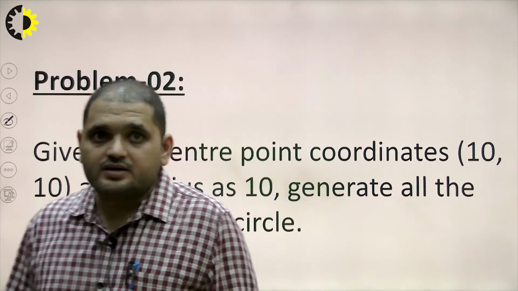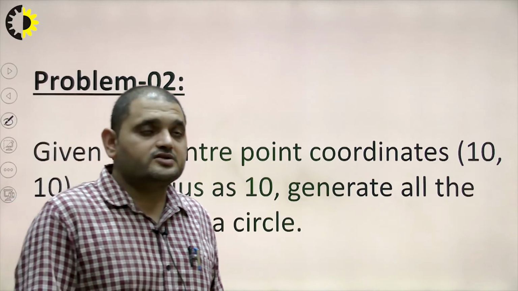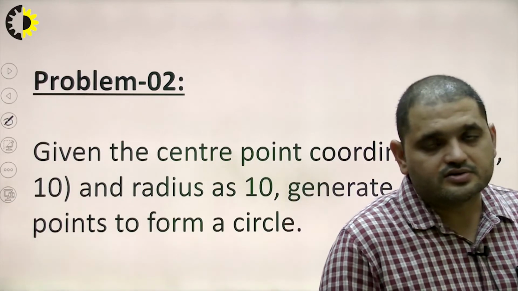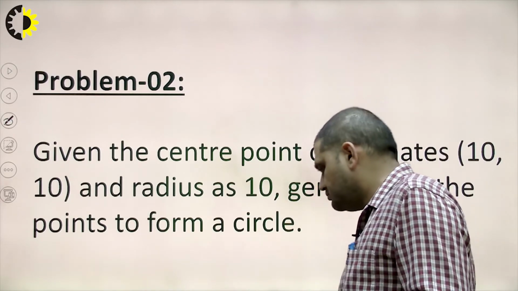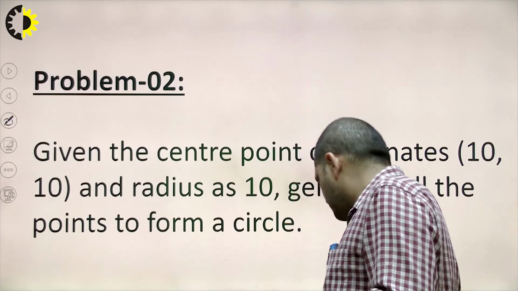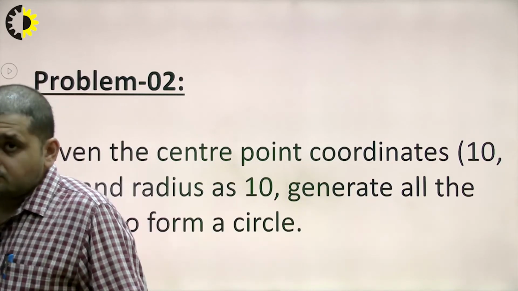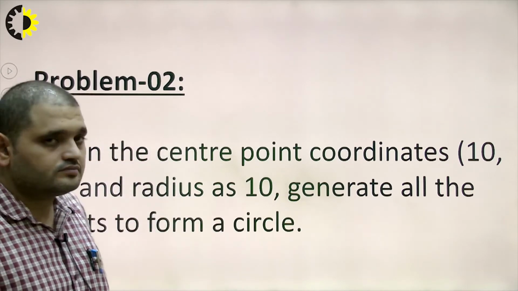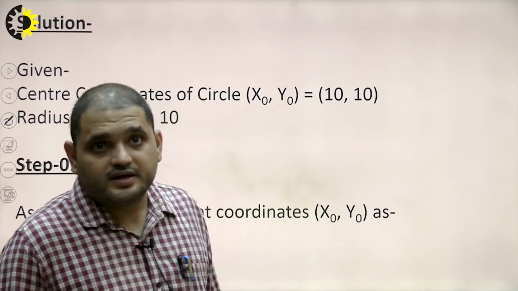Just take a minute and start doing this. The center is not 0, 0 here, the radius is 10 but the center is not 0, 0. See what you will do. Starting here, x naught, y naught is 10, 10 and the radius is 10.